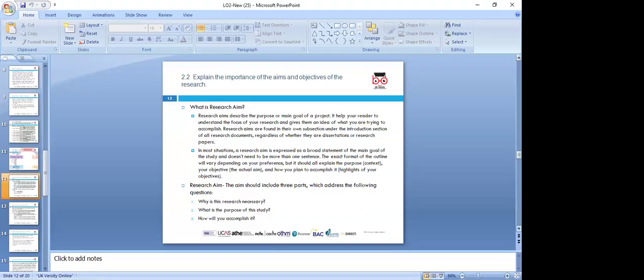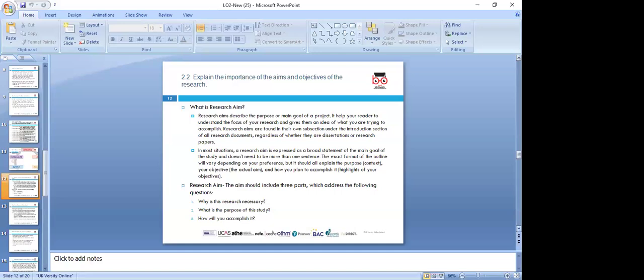You have to ensure that you have stated your main goal, because the main goal helps the reader to understand the focus of your research. The focus of your research is your main goal. So the reader understands just by that, okay, this man or this woman wants his family members to get a degree.